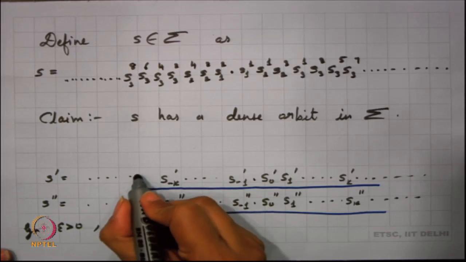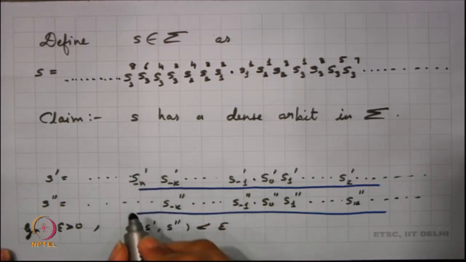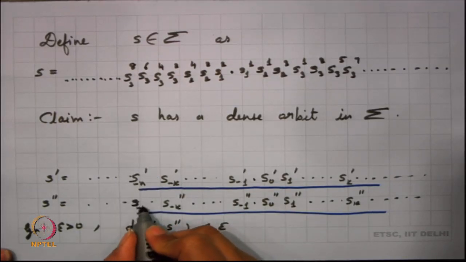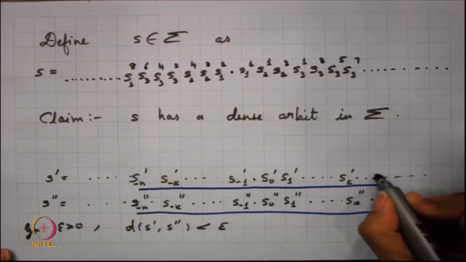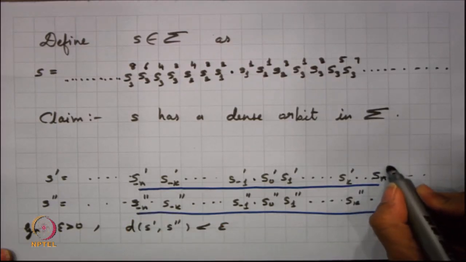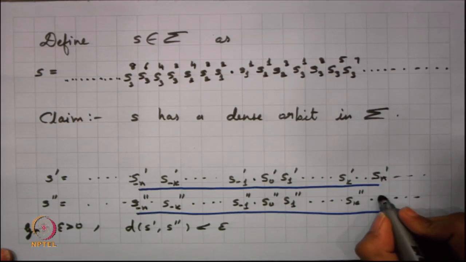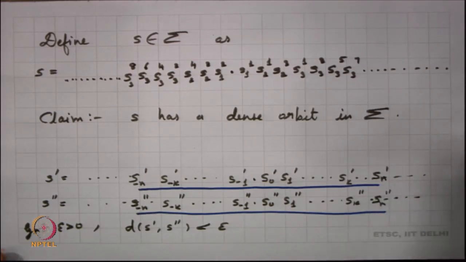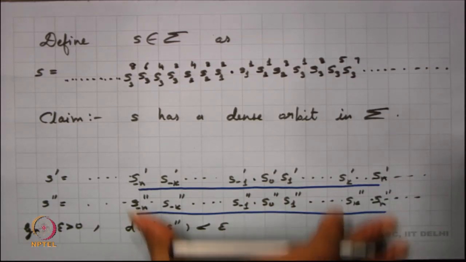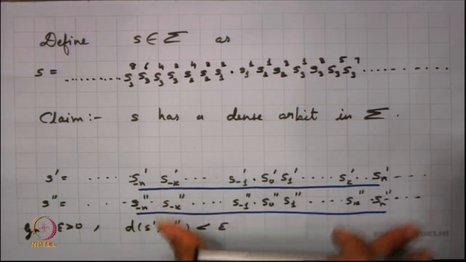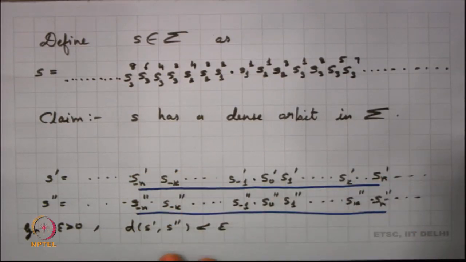So, I can say that this is S minus n prime, S minus n double prime, and I have S n prime and S n double prime. So, I should have some middle portion which is the same in both the sequences, for this to be made arbitrarily small, maybe as small as epsilon.